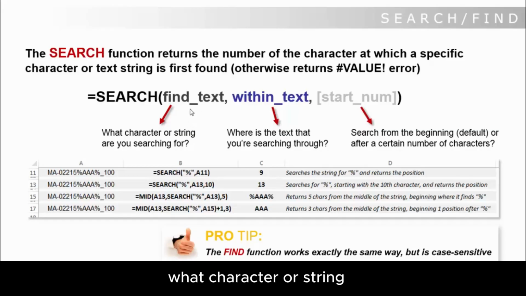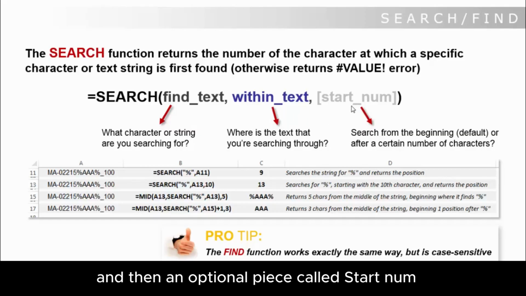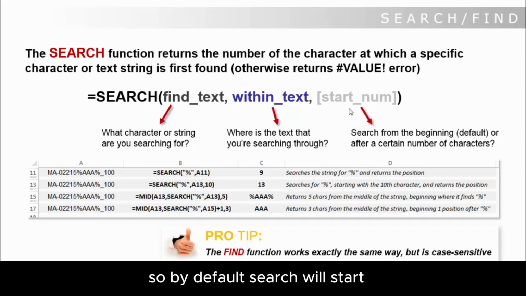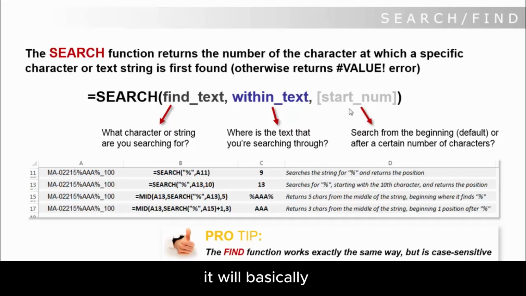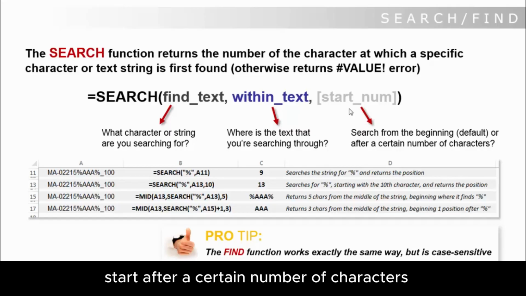What character or string? Where are you looking for it? And then an optional piece called start num. So by default, search will start at the beginning or left of a text string and move left to right until it finds what you're looking for. If you set start number to something different, it will basically start after a certain number of characters.